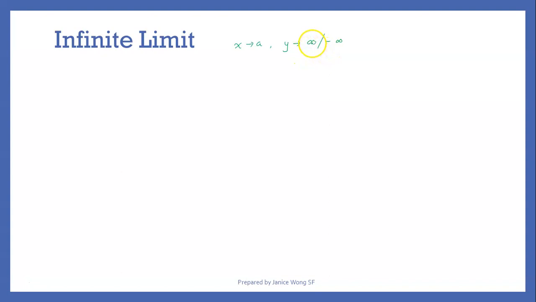It can be going to a very big figure without any limit, or going to a very small figure without any limit, negative infinity. So the way to indicate it will be when x approaching a, the limit for y will be either positive infinity or negative infinity. This is the infinite limit.